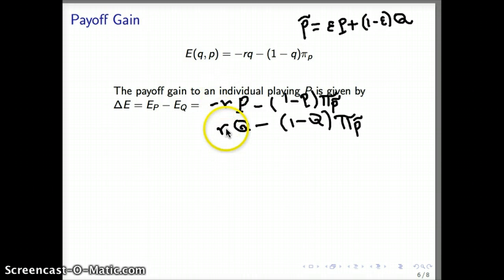So we're adding up these quantities, and that means we have common factors.